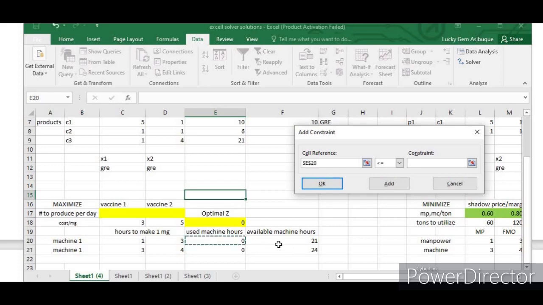Then we will make the sign less than or equal, because it is the sign of our constraints for machine 1, or the constraint 1. Then for the constraint, we will select the 21 under available machine hours. Okay, so we will just click Add. And for the next constraint, the constraint 2.